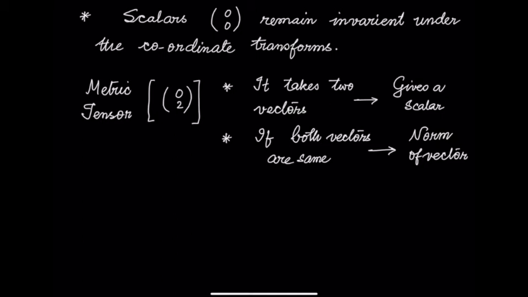This also has another property which we saw last time. It converts a vector into a one form.